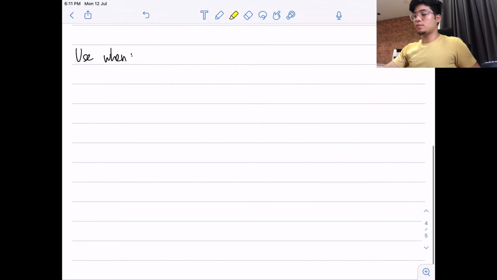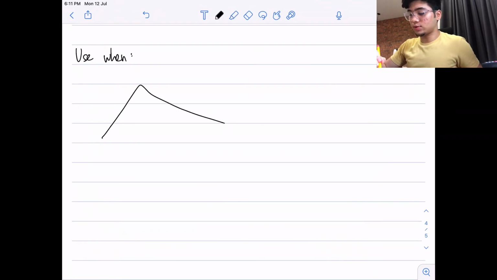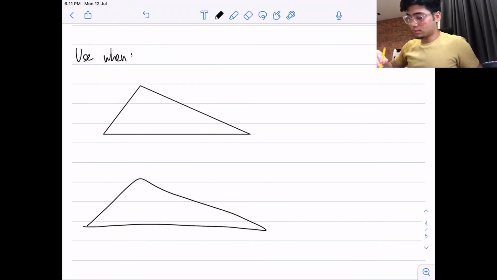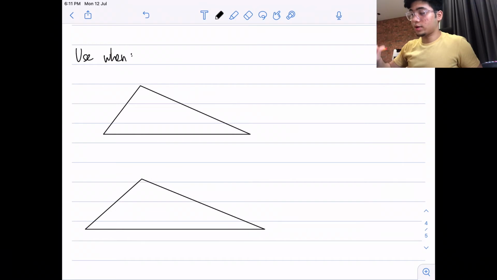So let's show some situations when you have to use cosine rule. Let's draw two triangles. Alright. So in the first case, you would have to use cosine rule when they give you one angle and two sides.